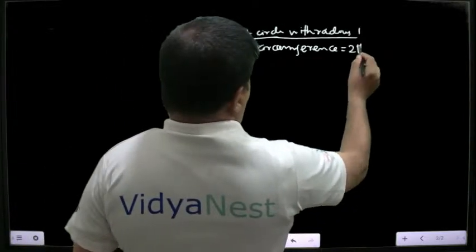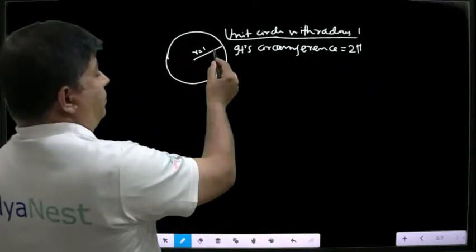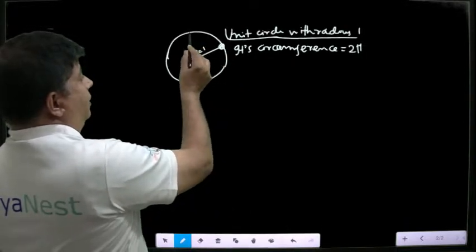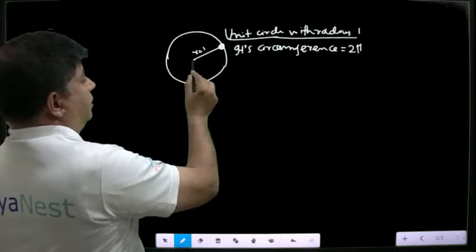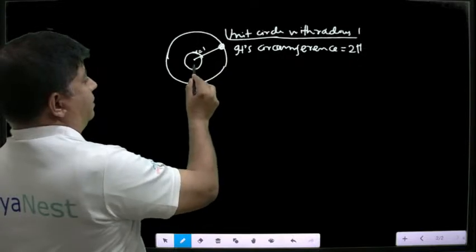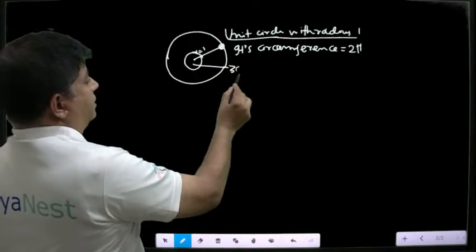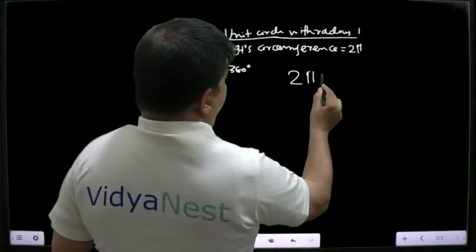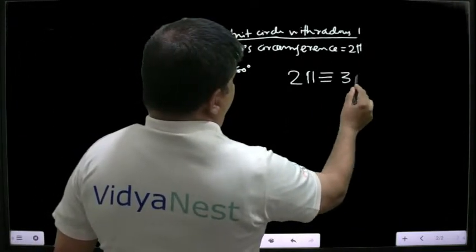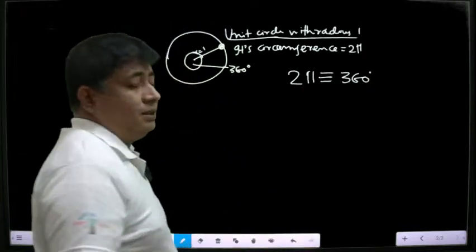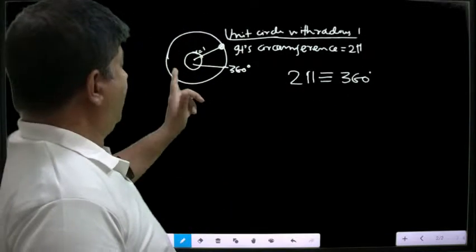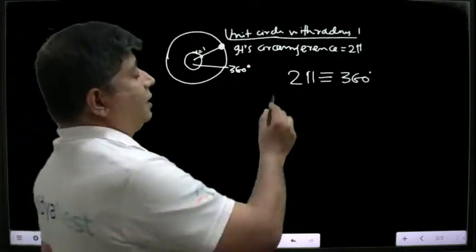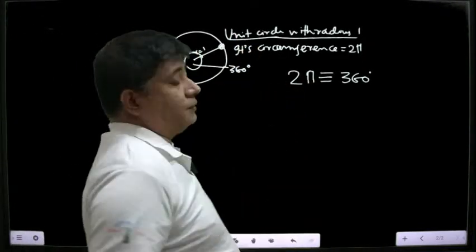Suppose you are standing here and you cover the whole path, what angle is subtended at the center? 360 degrees. That means 2 pi is equivalent to 360 degrees. 2 pi is the arc length and this is the angle formed due to that arc length, so I can't put an equal sign, but equivalent.